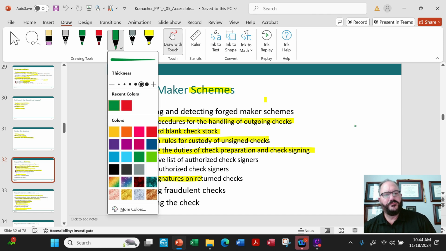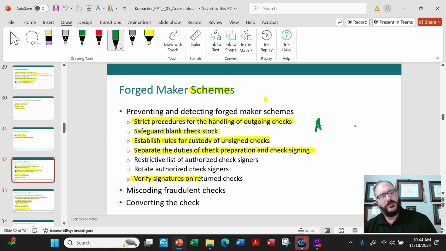This is all about controls. Okay. So rotate authorized signature. This is control. Restrictive list, control. Verify signatures, control. Okay. So then, another thing, what happens, they have to miscode the check, right?